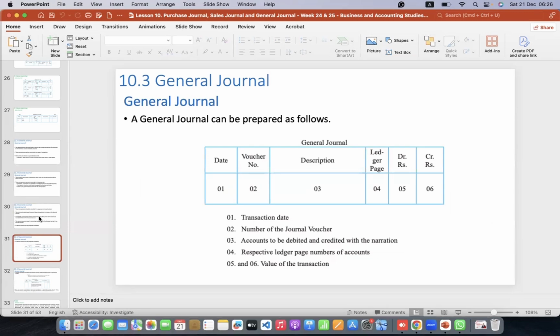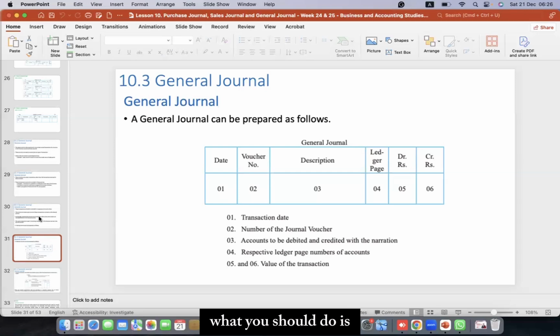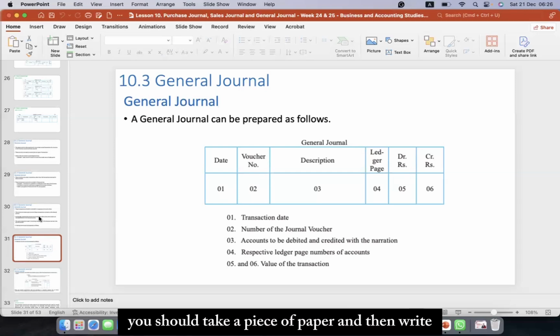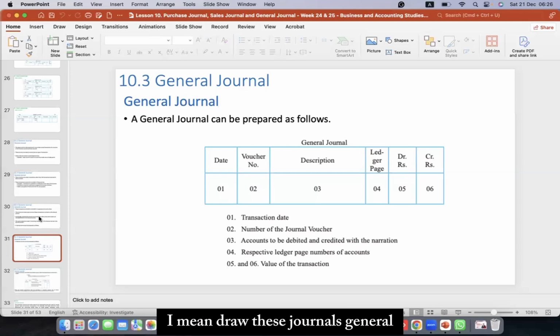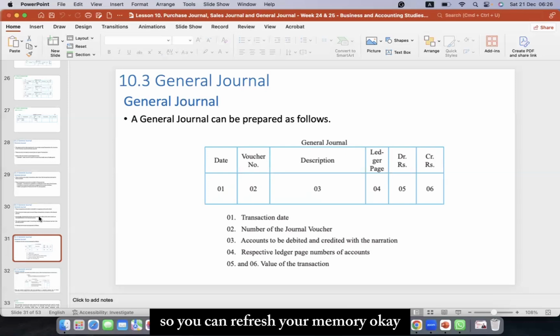You need to memorize the format to draw these journals. So what you should do is take a piece of paper and draw these journals: how to draw the general journal, how to draw the purchase journal, how to draw the sales journal. Likewise, keep a record of it and keep it somewhere you can see, so you can refresh your memory. Okay.